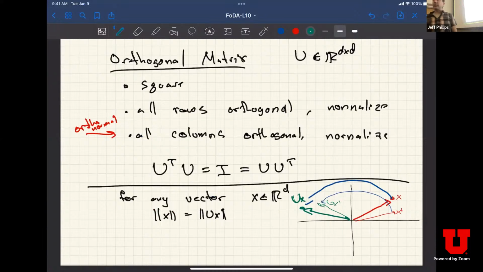U times x, right? So multiplying by an orthogonal matrix is kind of a rotation in the space.